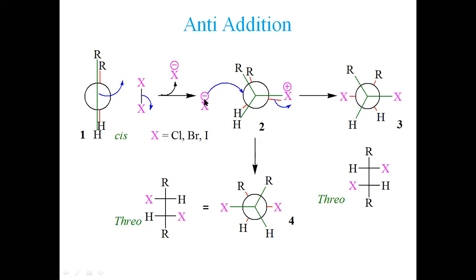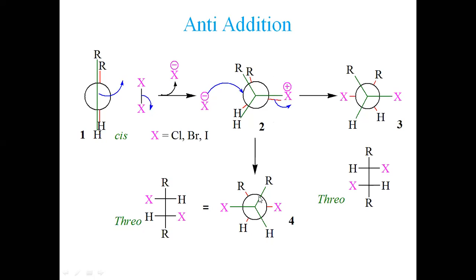This is one I have presented, but let's see. This X doesn't approach the rear carbon; it approaches the front carbon. Here it is presented approaching the rear carbon, but let's say if this approaches the front carbon, then this bond with the front carbon shall break, and this R shall transfer to this position. This H shall transfer to this position. It is presented likewise.